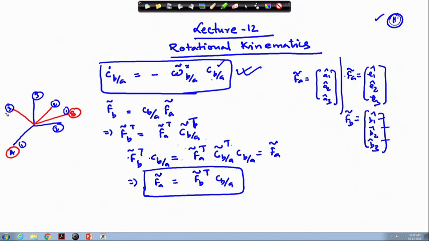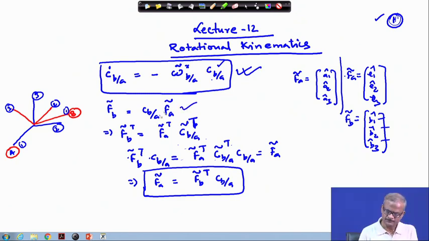Using this relationship, this is the transformation of triad f A to triad B, where triad B is rotating with respect to triad A. If we take the transpose of this, we get f B transpose here, and f A transpose comes here, with C B/A transpose on this side.